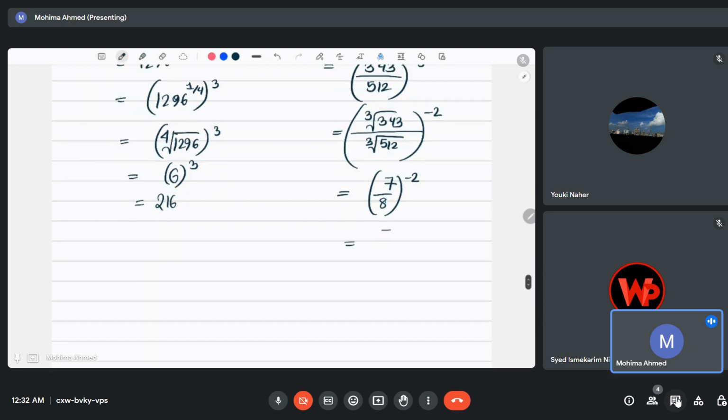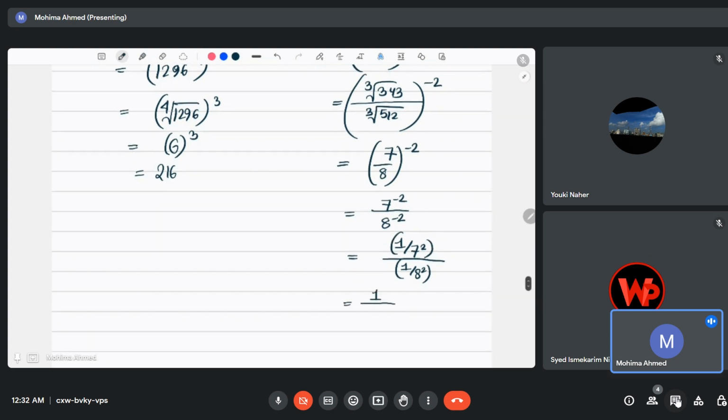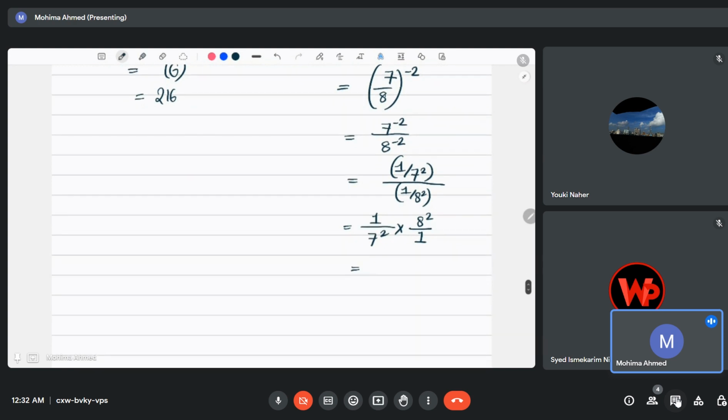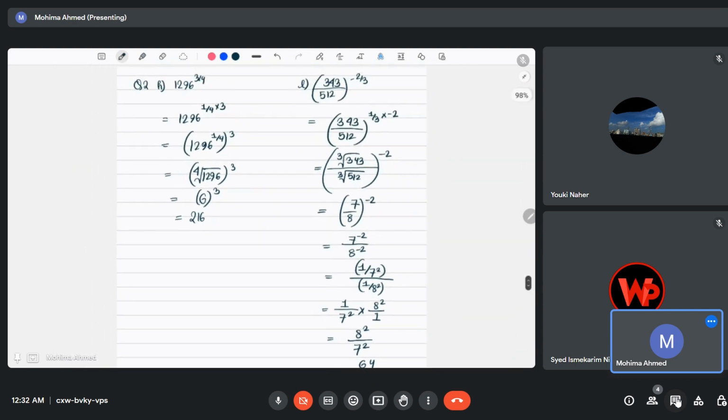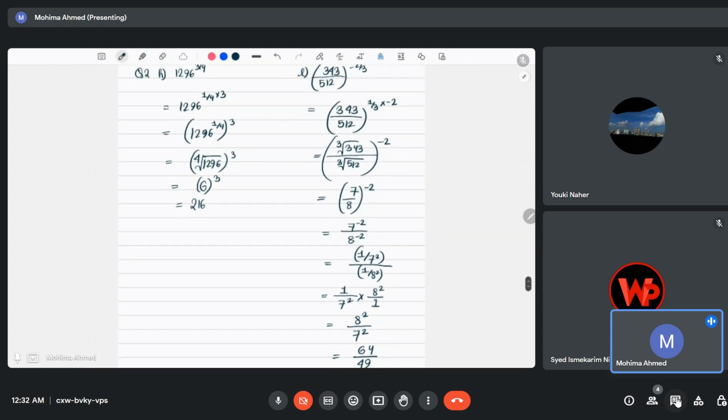So we can write 7 power minus 2 over 8 power minus 2, which breaks down as 1 over 7 squared with 8 squared over 1, basically 8 squared by 7 squared. The entire fraction is now inverted. Now you can write 64 over 49. This is the final answer. Any question for this one?